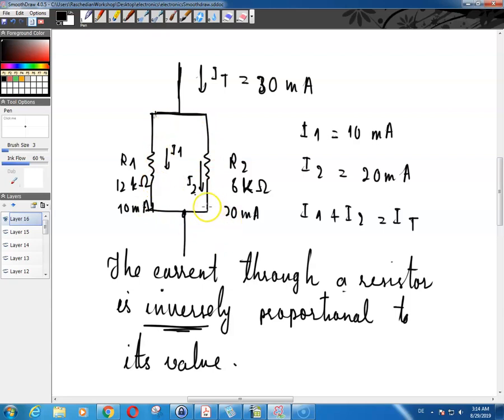That is something important you can see in this circuit. Now we have another example here that we will solve, and we will see the same thing there as well.